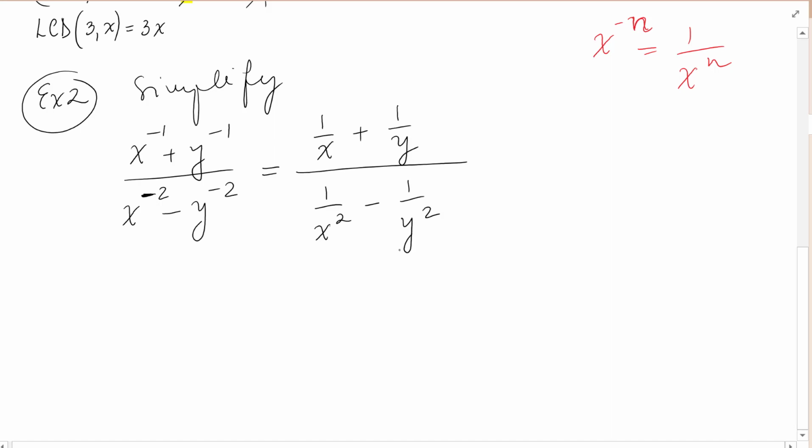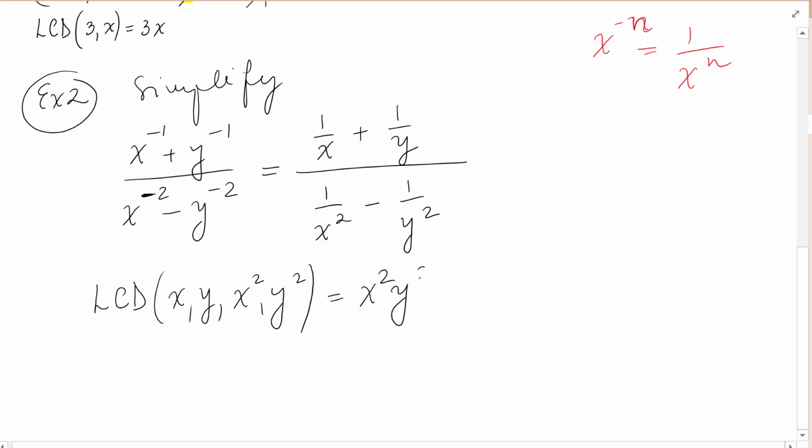And so now we can solve this problem using both methods or using only one of them. I'm going to use the second method that we did before, which was using the LCD of all denominators. So the LCD of x, y, x squared, y squared, those are all the denominators, is actually x squared y squared. Why? Because we copy all the factors to the highest power. So between x and x to the second, we chose the x to the second. So now what do we do with this?